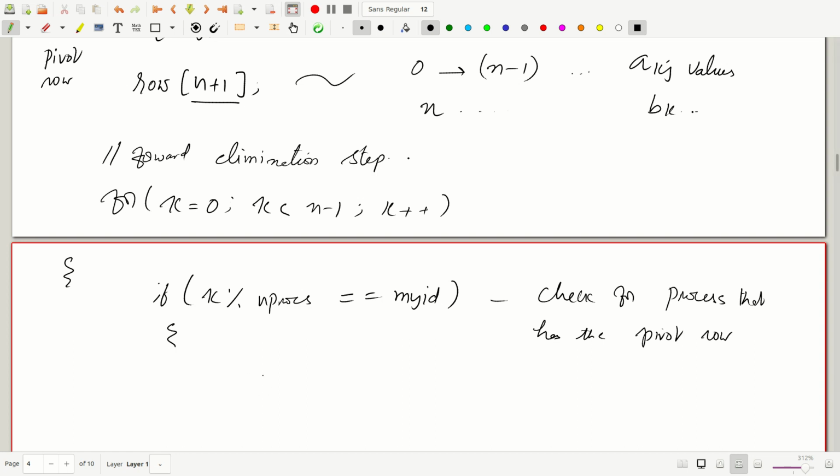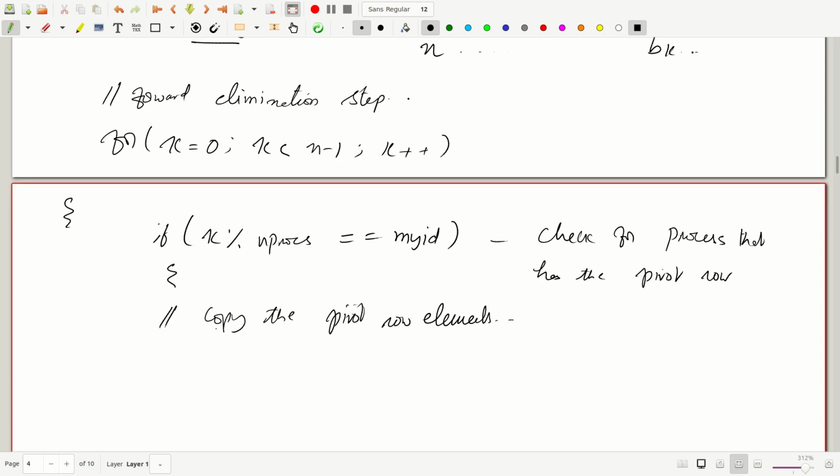Then what we need to do is copy the pivot row elements so that they can be sent to all other processes.